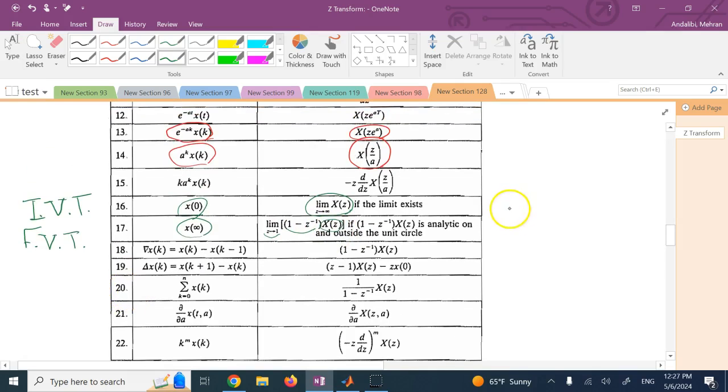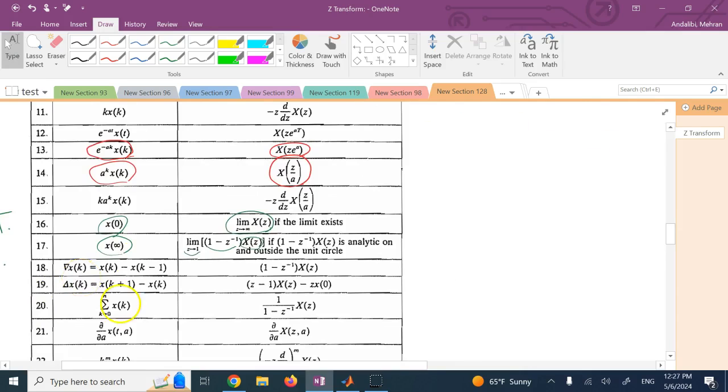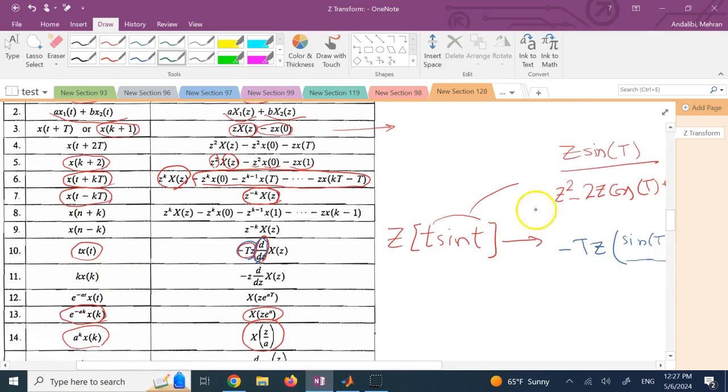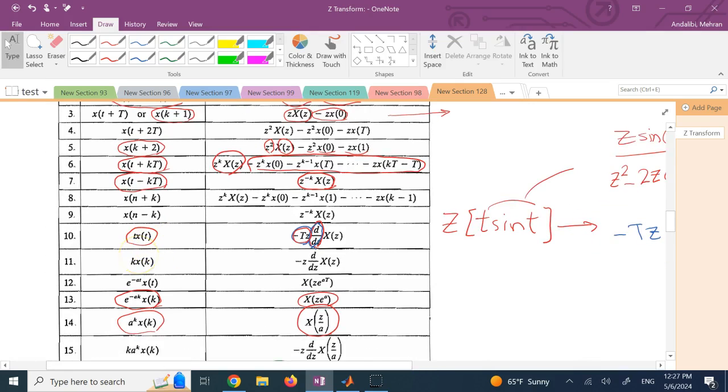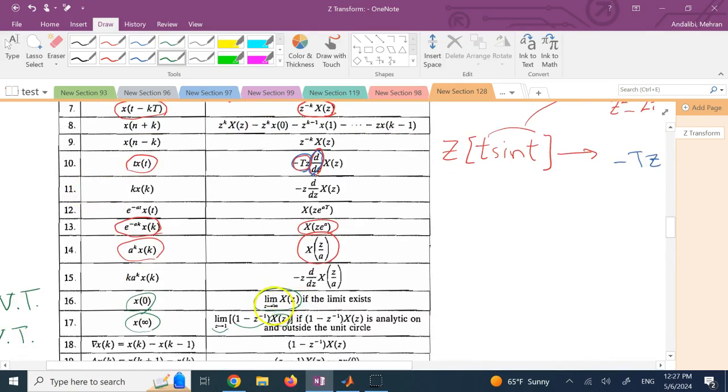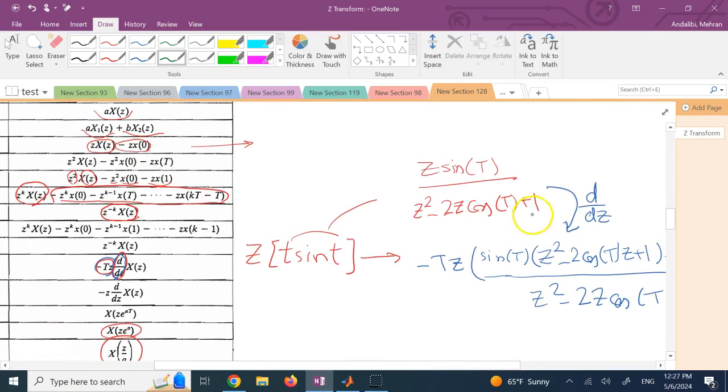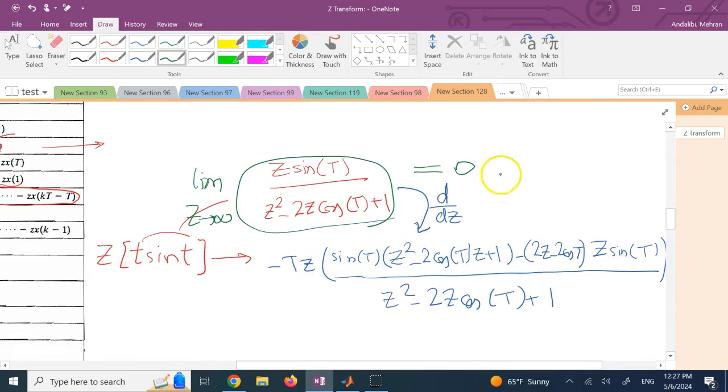For instance, sine of t. Remember, sine of t was this function. So what's the value of this signal at t equals 0? We know sine of t at t equals 0 should be 0. Based on this formula, it should be the limit of X of z as z goes to infinity. If I take this limit as z goes to infinity, since the order of the denominator is more than the numerator, that is equal to 0. And of course, that is equal to sine of t at t equals 0. So you see, it is absolutely working.